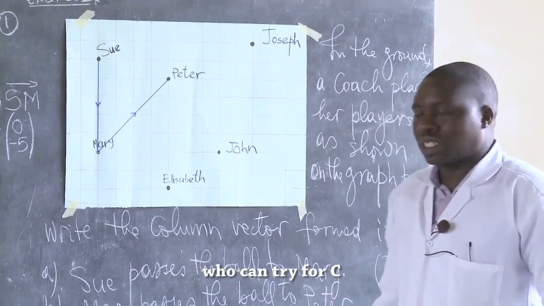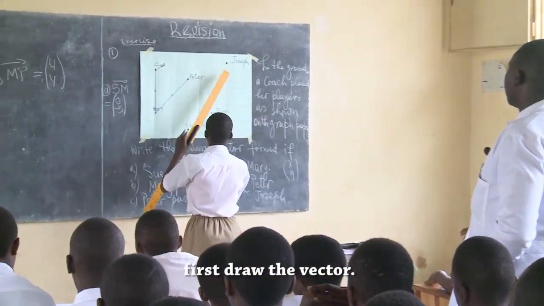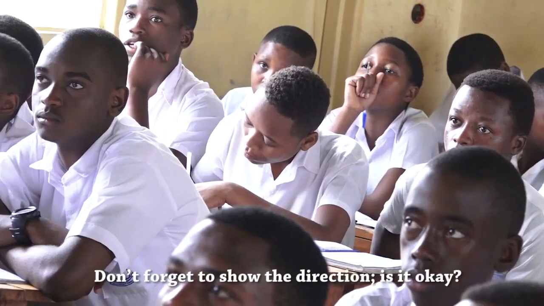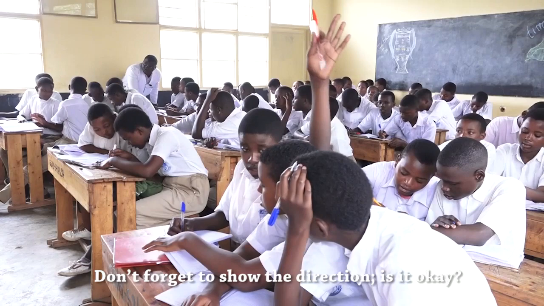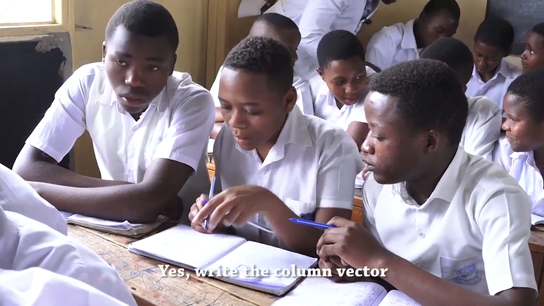Who can try C? First of all, draw the vector. Don't forget, please, to show direction. Okay, write the column vector.